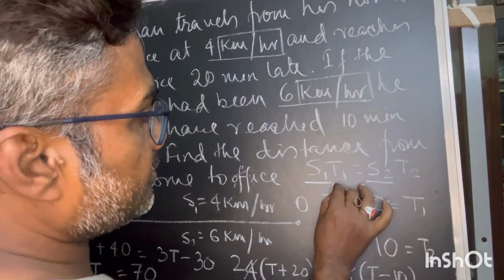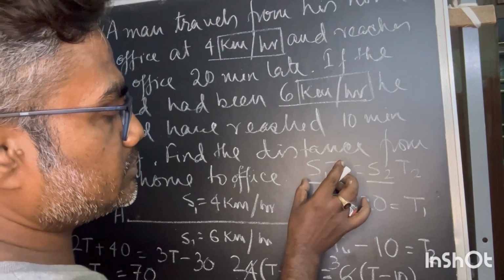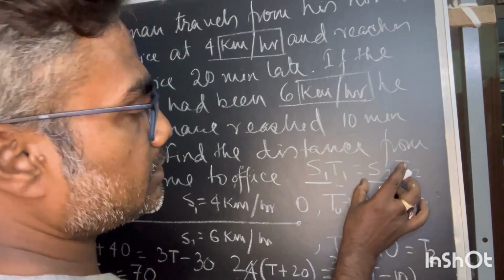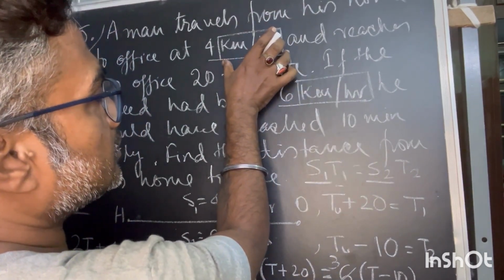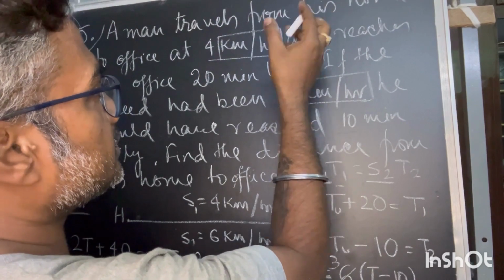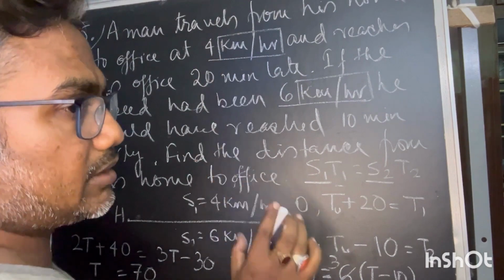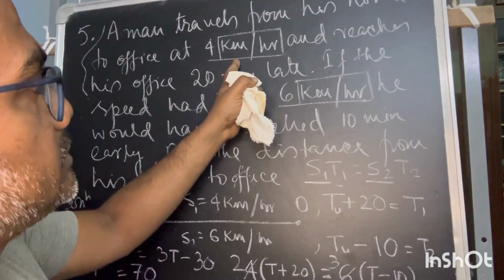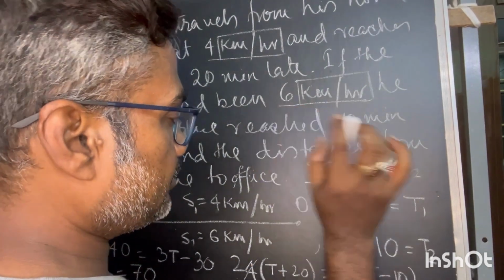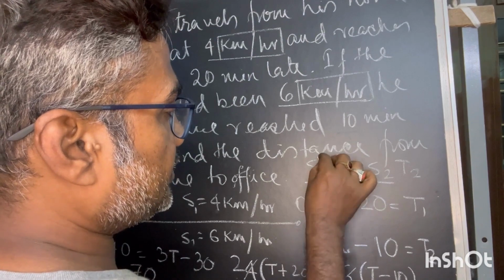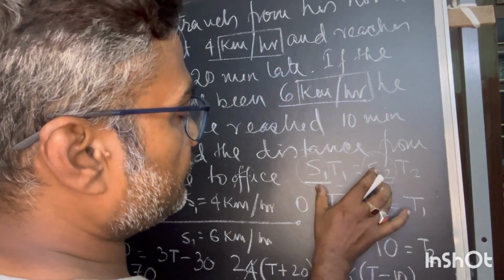Even though the time is in minutes and this is in kilometer per hour, I am not bothered to change, because this will nullify their units on both sides. So unnecessarily I would go to reduce or increase by changing, unless these two units are different, then only will I try to change. In this case also I am not changing because this will nullify. Now remember, if T values are given, I am putting the values of T with the unit, and this will nullify each other.